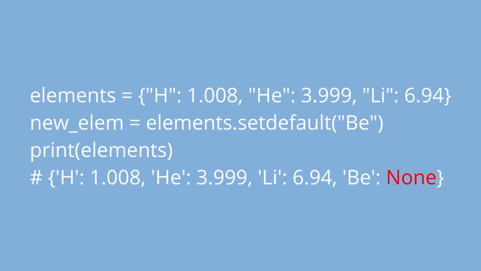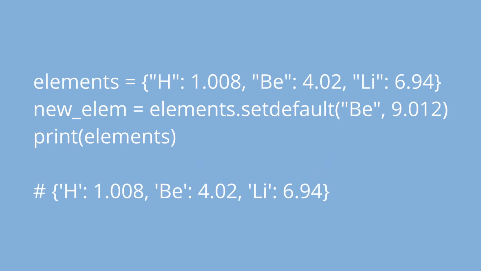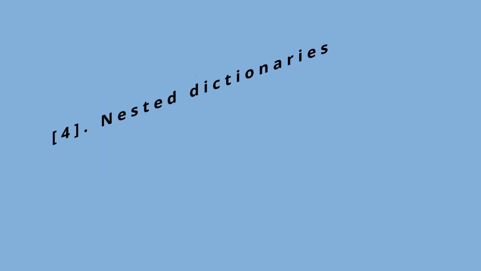If you omit the default, now if you print elements, you see Be: None is added. If Be exists already, setdefault just returns the existing value and doesn't overwrite it. So it's like saying, add this if it's not there, otherwise, don't touch it.